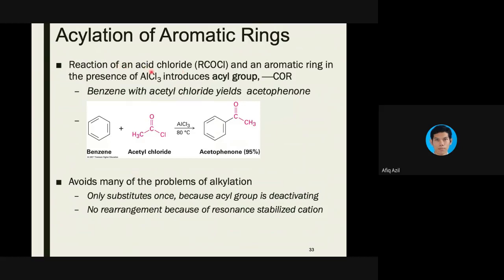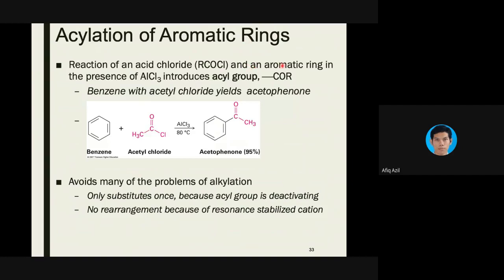So, the reaction of an acid chloride. What is an acid chloride? The general formula is RC double bond OCl. This is a derivative of carboxylic acid, which we will cover in chapter 6.